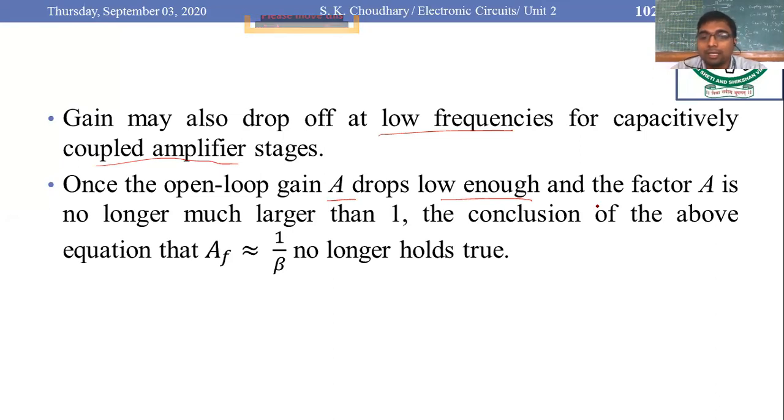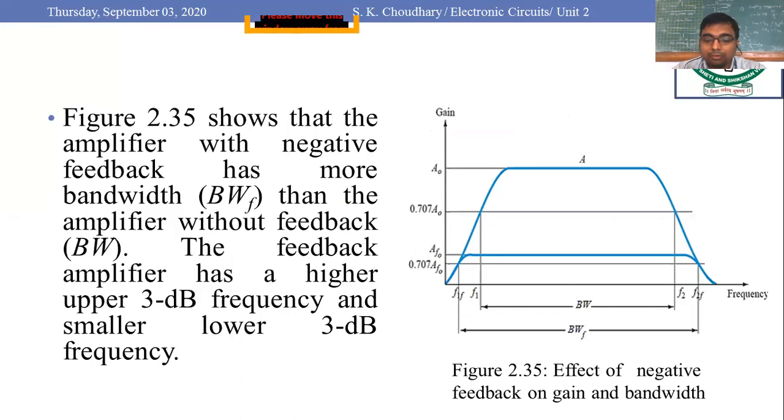This condition would not be valid at the low frequency region as well as at the high frequency region, because the gain A has dropped significantly. So this relationship is now not valid. At that condition, you can see that your gain is substantially dropped at these two regions.